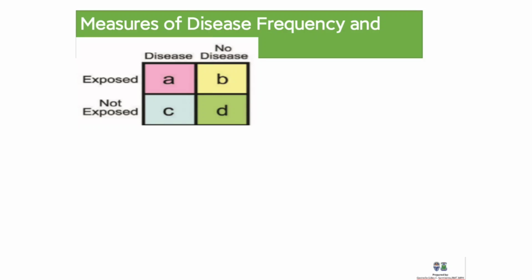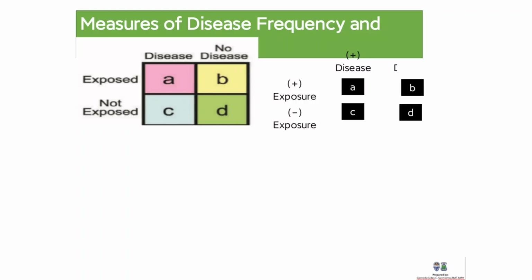Yan. Again, gawin mo lang yung table. Nasa taas yung disease outcome, tsaka walang disease outcome. Then, nasa left side yung exposure, tsaka yung not exposed. Okay? Tapos A, B, C, D. Yan. Ganyan lang, no? Disease. Negative. Yan. So, with the disease, walang disease. Exposed, not exposed.